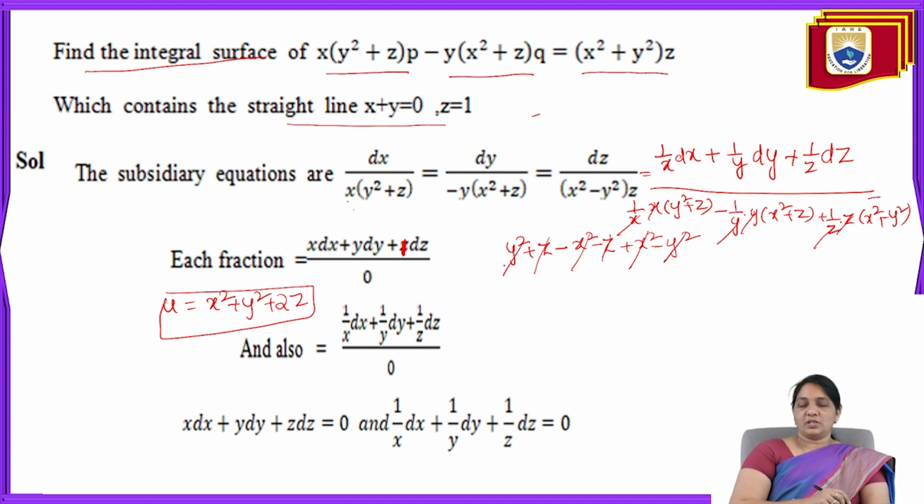If I got this one, then only I can cancel, and I can take this one as a multiplier. So x square minus y square into z. Here this value is x square minus y square into z. Here this value is minus 1. So based on that, this is minus 2z.